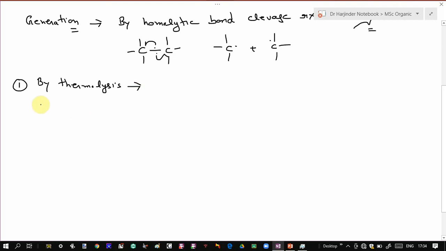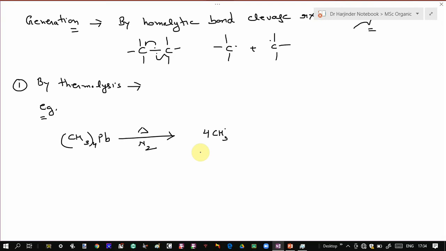For example, if you have tetramethyl lead, and if you heat this tetramethyl lead in presence of nitrogen, this undergoes a homolytic bond cleavage to give rise to methyl radicals. So it will give rise to 4 methyl radicals. So they can be generated by heating or by the thermolytic method.